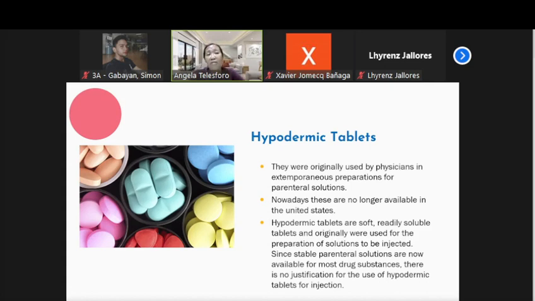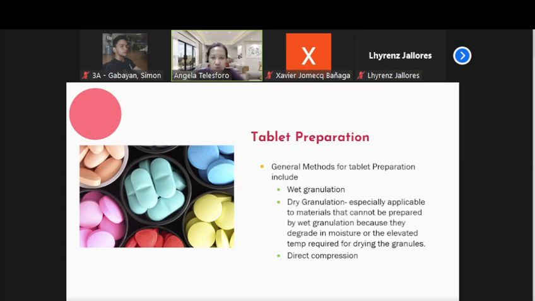So ngayon meron na tayong ready-made parenteral solutions that are ready for administration and which we can assure na safe and sterile. So wala talagang presence of anything kasi nga sterile preparations. Since stable parenteral solutions are now available for most drug substances, there is no justification for the use of hypodermic tablets for injections.